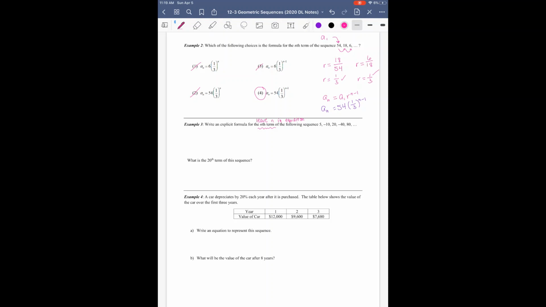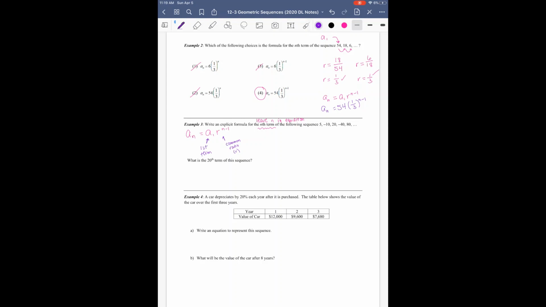Okay, so the first thing I'm going to do is write the explicit formula just to remind myself of the pieces that I need. So we have a sub n equals a sub 1 r to the n minus 1. So the two components I'm looking for are my first term and my common ratio. I want to make sure I have these two things before I go into my equation.